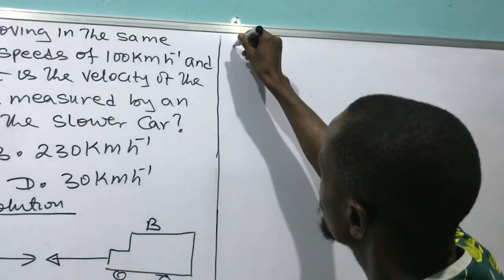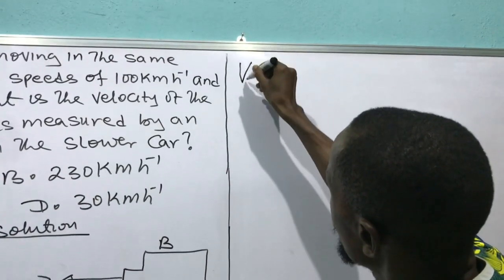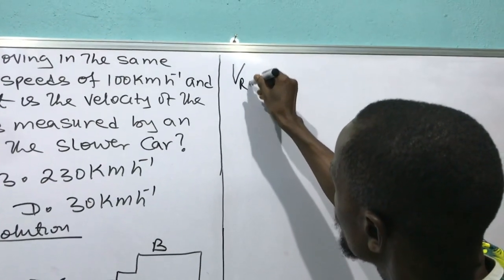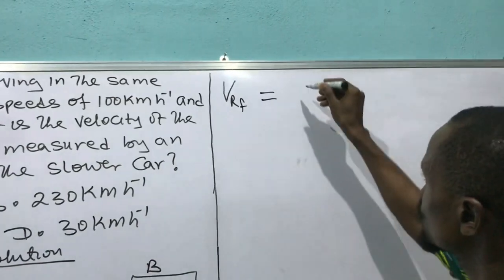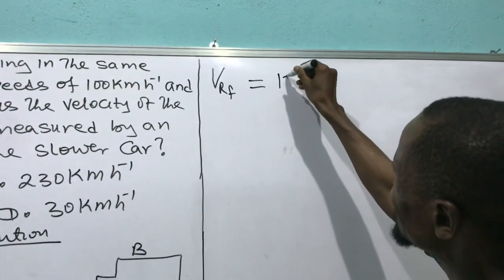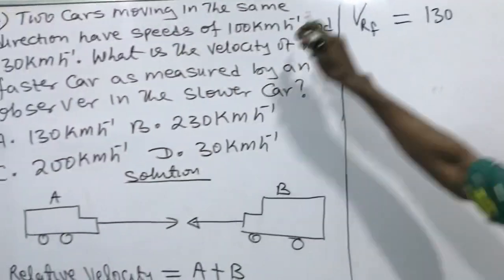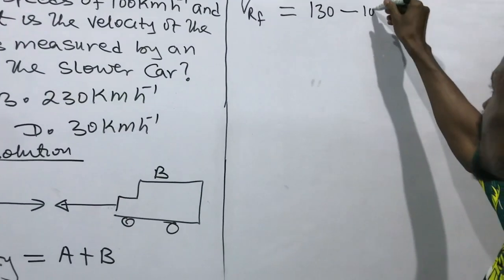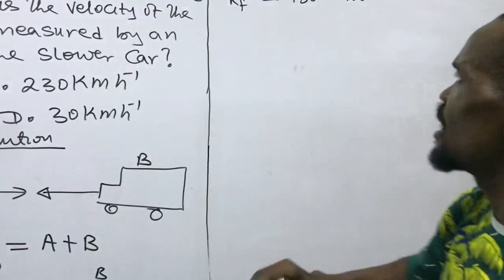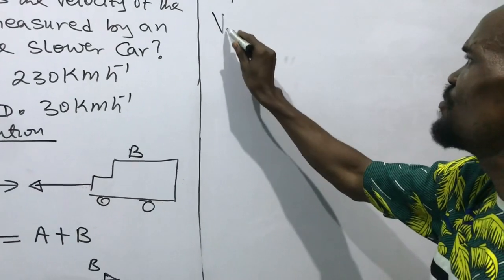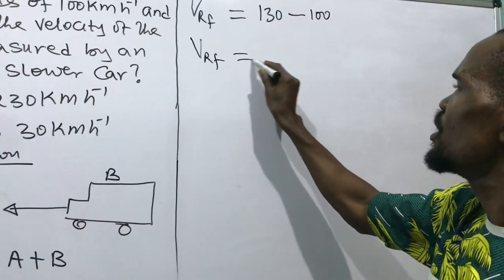That means I will now say the relative velocity VR of the faster one F is equal to the faster one, 130, minus 100 kilometers per hour.